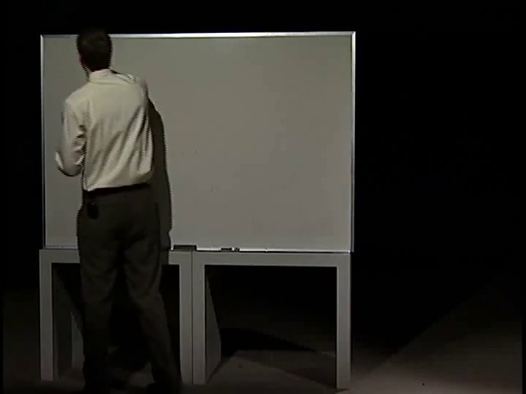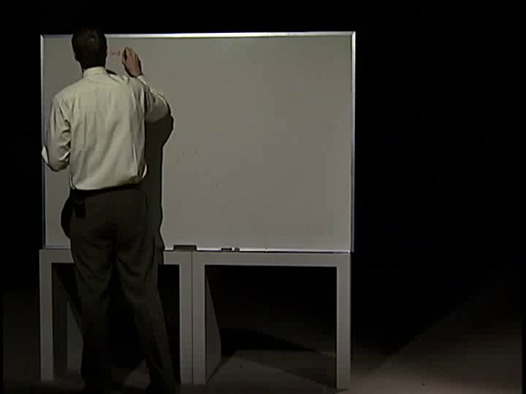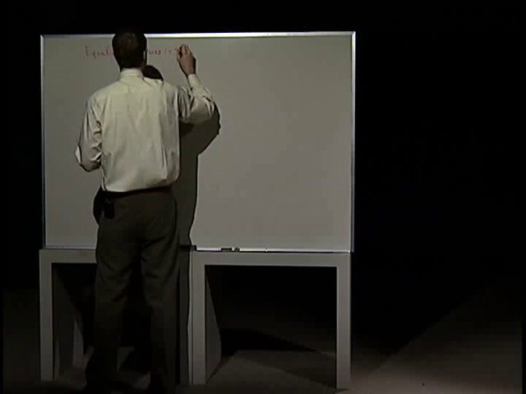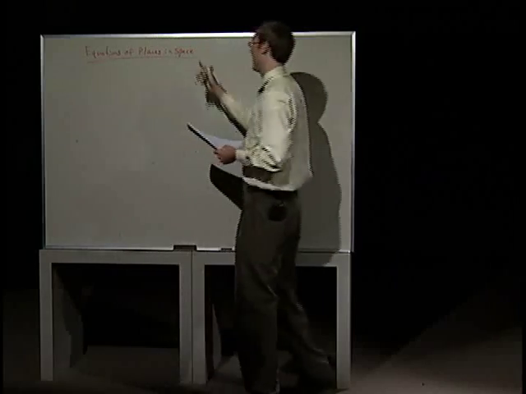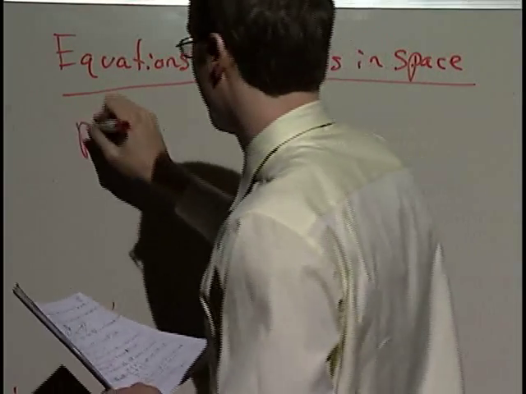So, equations of planes. Equations of planes in space. Of course, it makes no sense to talk about planes in the plane. There's only one plane there. It is the plane. So what determines a plane?